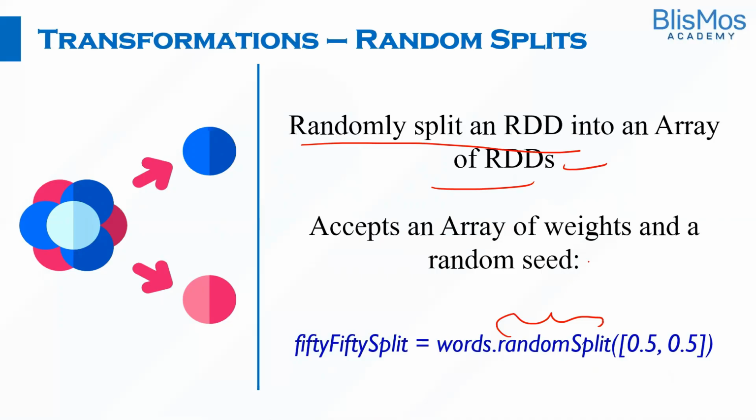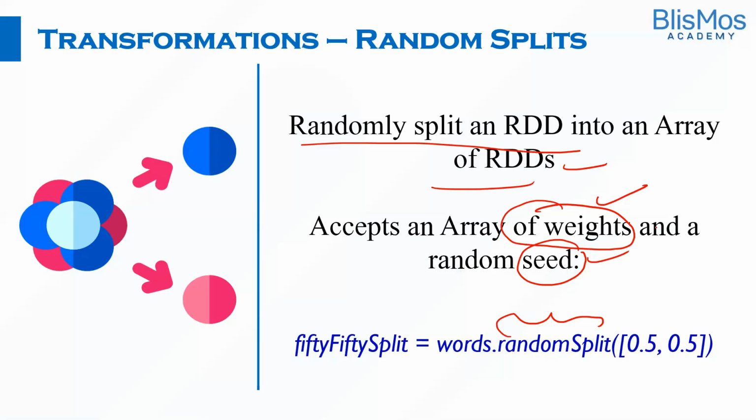It accepts an array of weights and also a random seed. We have already seen that whenever you are splitting, whether it is a data frame or an RDD, you have to provide a seed value because the algorithm has to start from that particular value to start splitting, right?